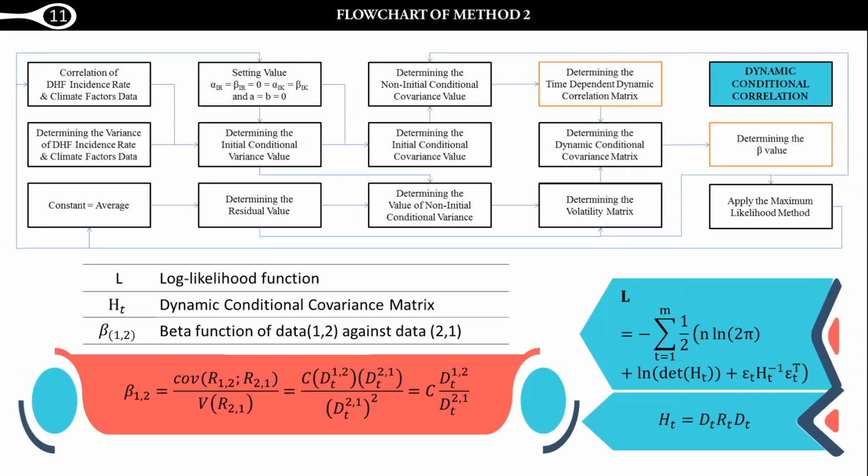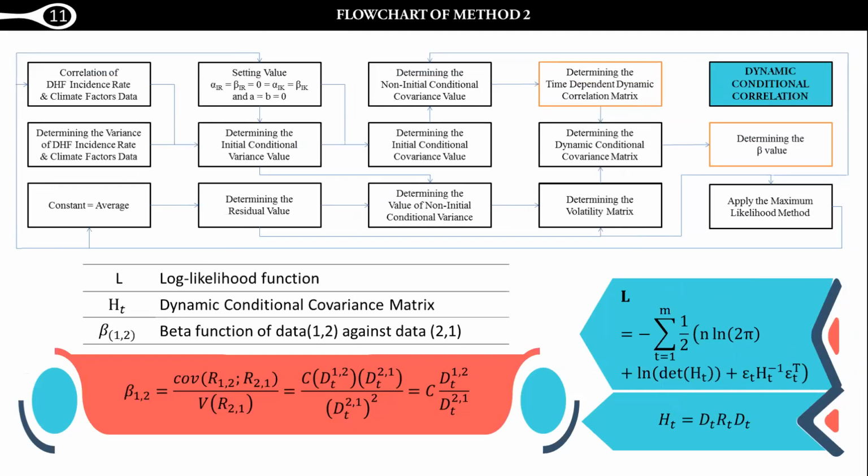By using the non-initial conditional covariance value, a time-dependent correlation matrix will be obtained. By using the time-dependent correlation matrix and the volatility matrix, the beta value will be obtained, of course by applying the equation attached to the chart below.